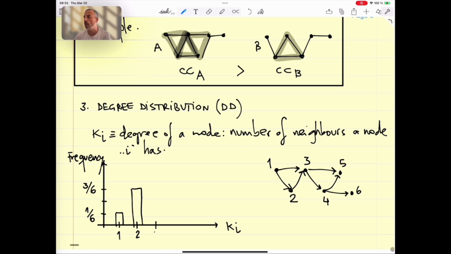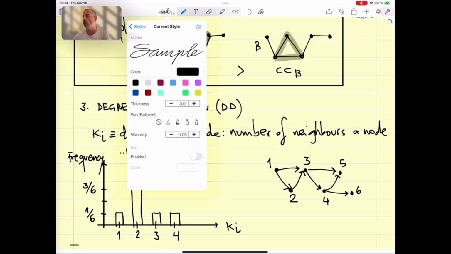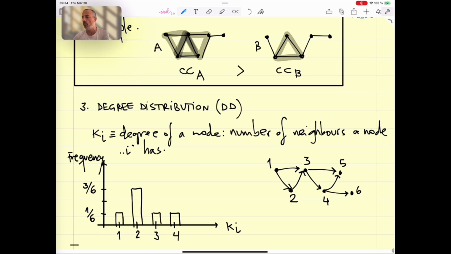So how many nodes have 3 connections? 1, right? Number 4. How many nodes had 4 connections? 1. Number 3. Very good. So 1/6. So this is the degree distribution.